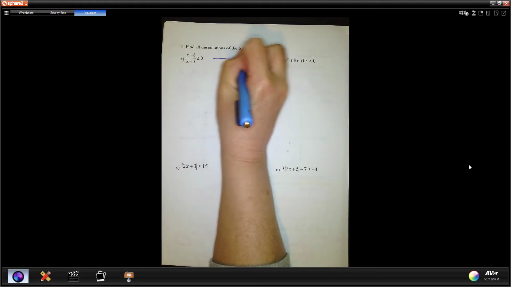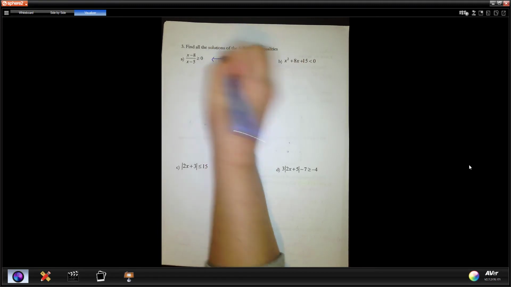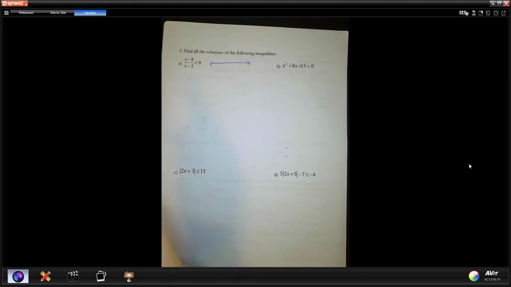So right now we have x minus 8 divided by x plus 5 is greater than or equal to 0. And if we recall, we're going to kind of look at a number line as well. The first thing that we have to find are the critical values.